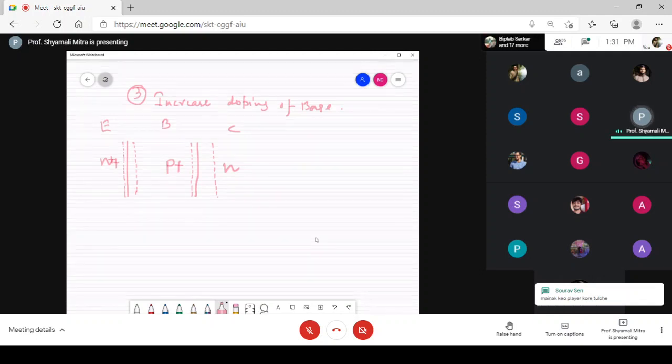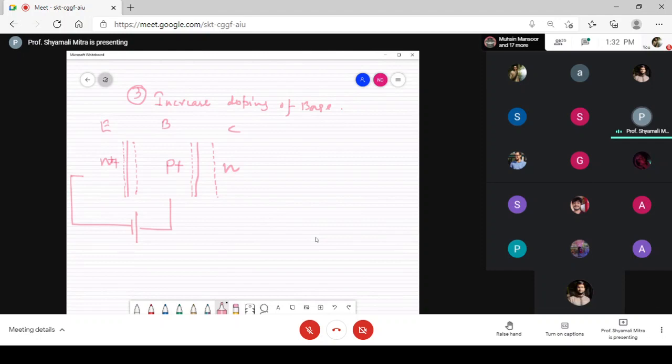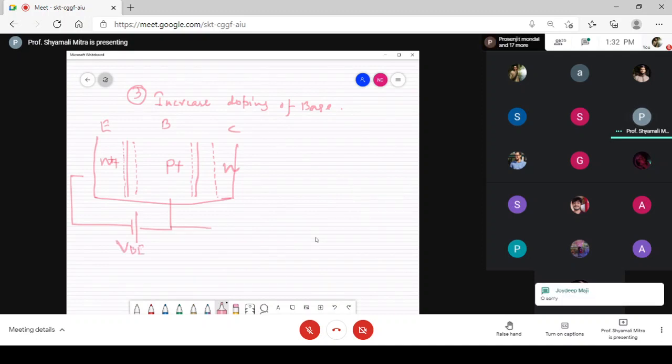Now, if we finally land up in making a base thin without hitting each other, what problems do we encounter? Now, some of the VBE voltage drop, let us try to connect it again. This is VBE, which is forward biased. This is VBE and this is VCB.